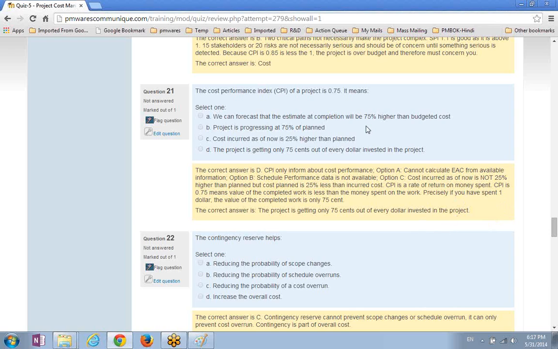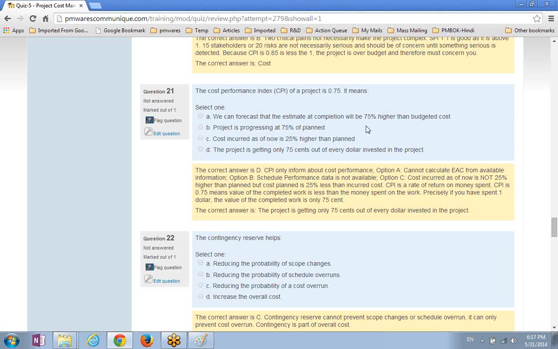So the denominator is actual investment and the numerator is return on the investment, because that is the cost of the value of the work completed. That is what is returned, what is achieved. So what we have achieved, it is saying CPI is 0.75. That means we invested $1 and we get the work done of 75 cents worth only. That is actually CPI.